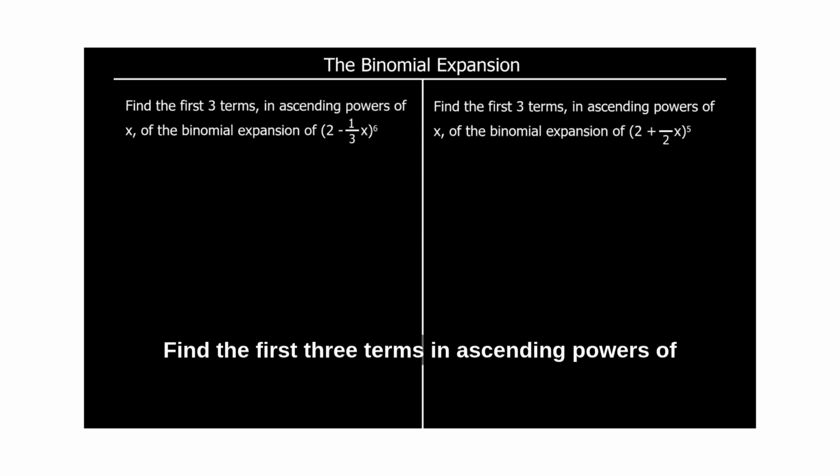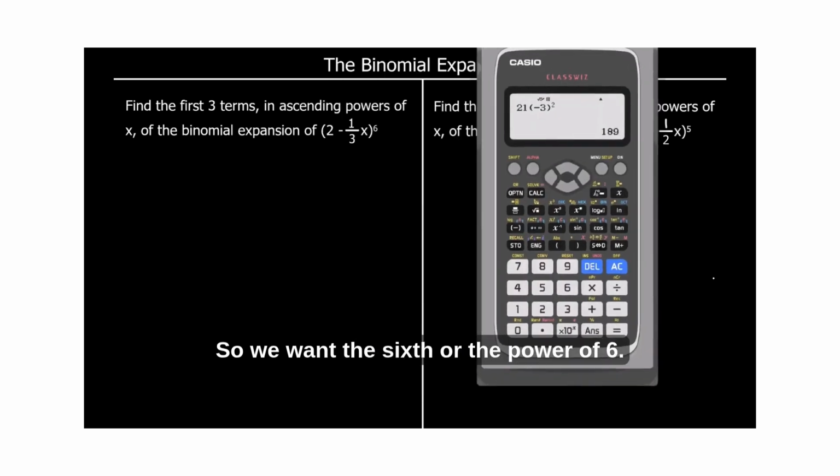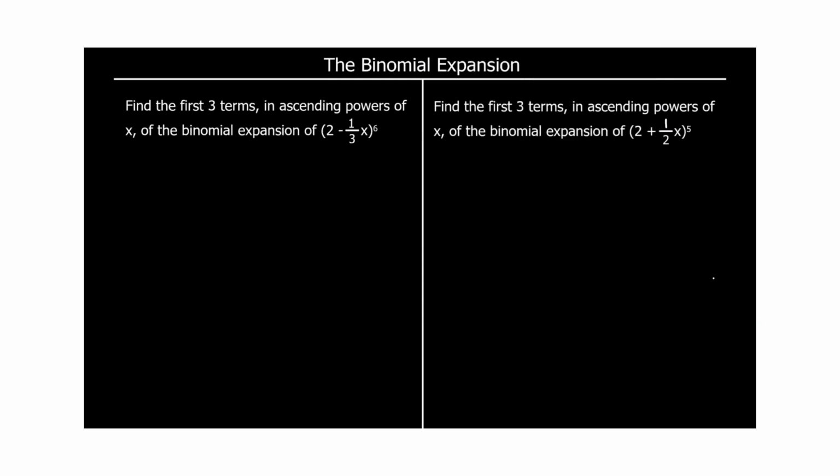Find the first three terms in ascending powers of x again of the binomial expansion of 2 minus 1/3 x to the power of 6. So we want the power of 6, so n is 6. 6C0 is 1. 6C1 is 6, so 1, 6, then 15.